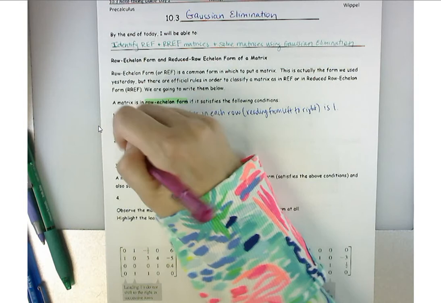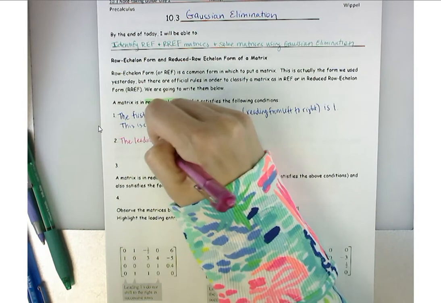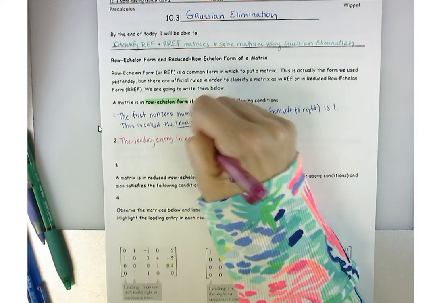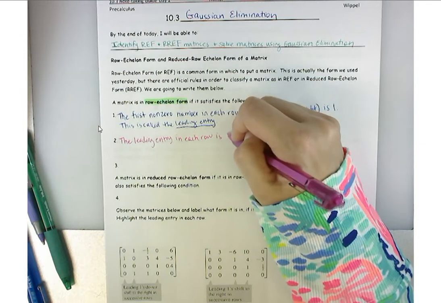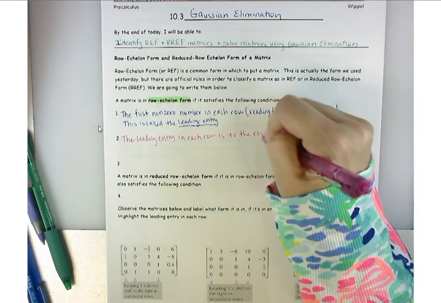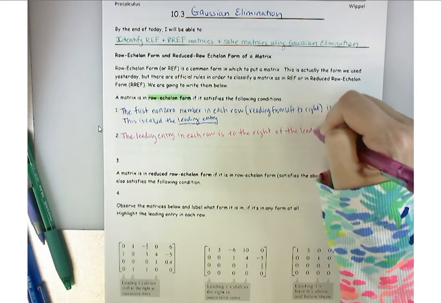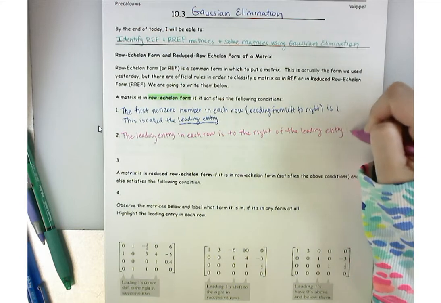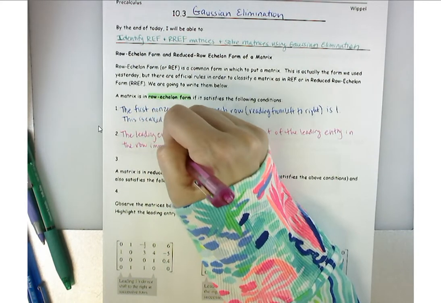So this leading entry in each row has to be to the right of the leading entry in the row immediately above it.